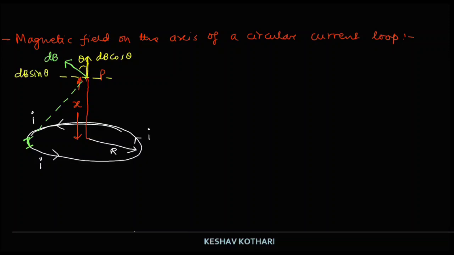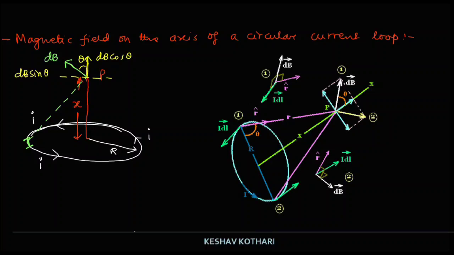Now the dB sin theta component will not contribute for anything, because the other component coming from the opposite current element will nullify the effect of dB sin theta. So the value of magnetic field is directed away on the axis of the current carrying circular loop.